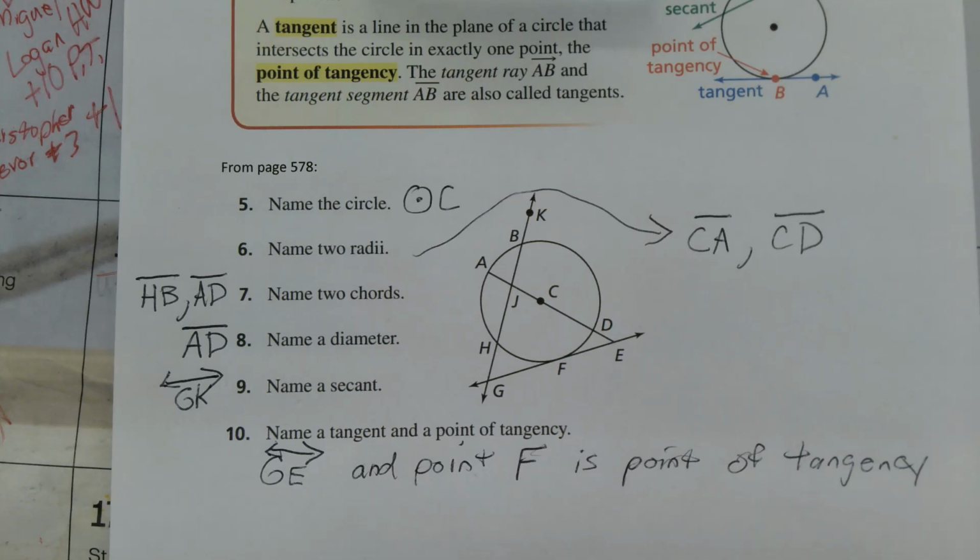And when we include the arrows, we mean the line goes on forever and ever. And then finally, a tangent and the point of tangency, line GE is tangent, and the point of tangency is point F. And we're ready to flip the page over.